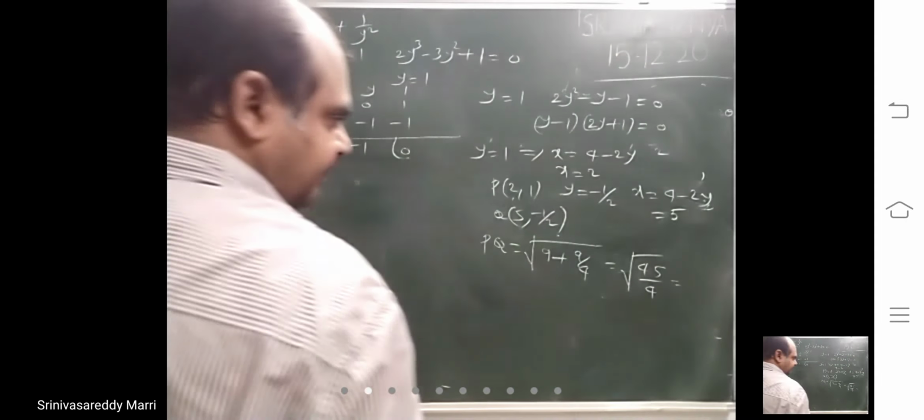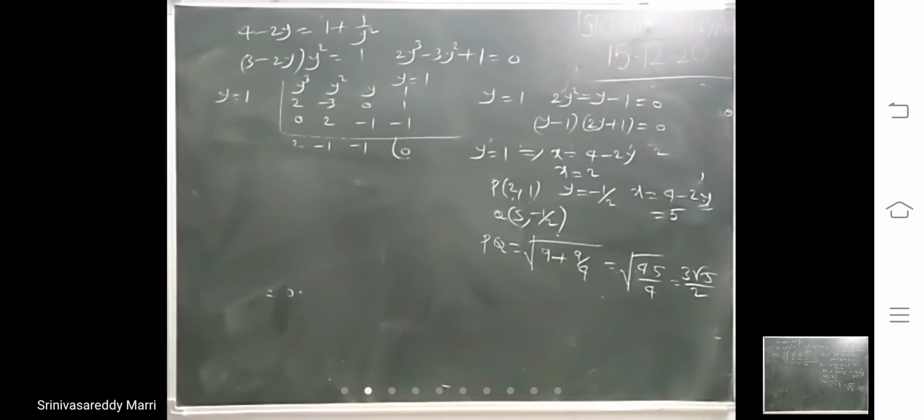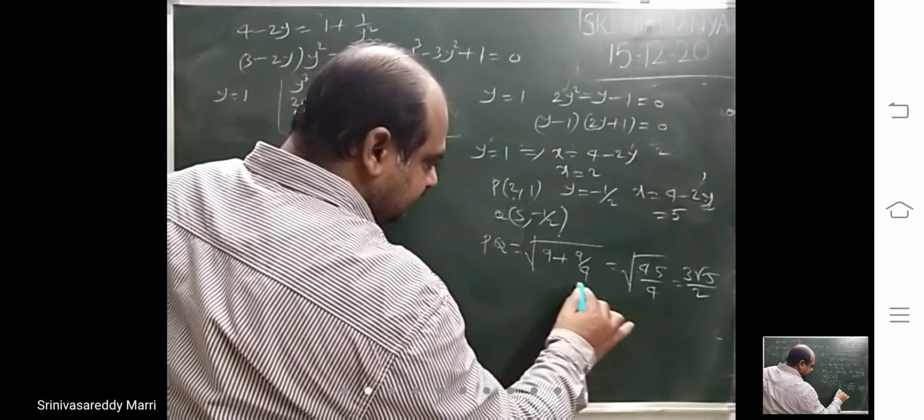So this is nothing but 9 into 5, 3 root 5 divided by 2. That is the answer: 3 root 5 divided by 2. So D is the correct answer.